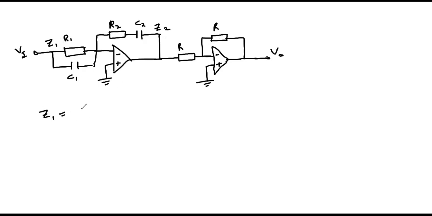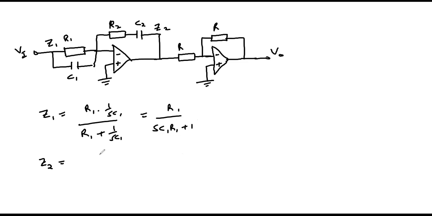Z1 is the resistor capacitor parallel network, giving us R1 times 1 over SC1, over R1 plus 1 over SC1, which will be equal to R1 over SC1 R1 plus 1. Z2 is the series combination of the resistor R2 and capacitance C2. So we obtain this as R2 plus 1 over SC2, which will be equal to SC2 R2 plus 1 over SC2.